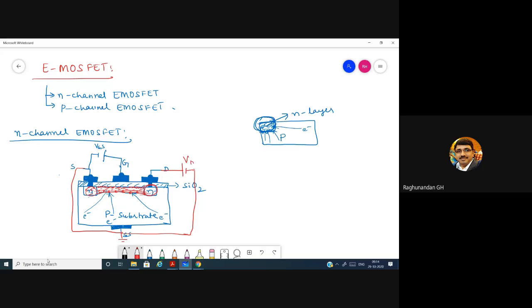This is our VDS. When you increase the VDS, more and more electrons keep flowing towards the drain. This is how the electrons start flowing from source to drain. Now this became an N layer, this became a P layer. Between the P and N layer, what will be there?